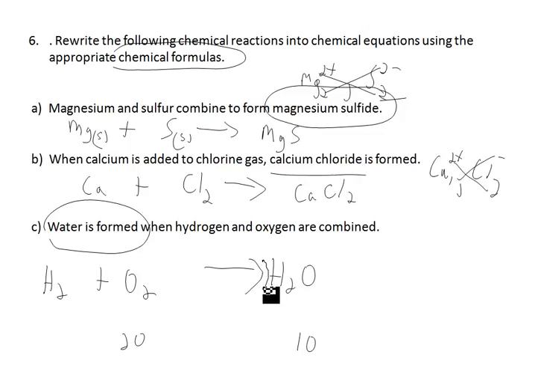So we need a little number, a subscript there. So now there's 2 oxygen on this side, but there are 4 here, 4 hydrogen. So we need a 2 here, and now there are 4 hydrogen atoms. So 2 times 2 is 4. Now it's balanced. 4 hydrogen, 2 oxygen, 4 hydrogen, 2 oxygen, and we're done.